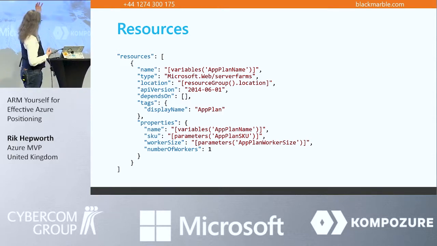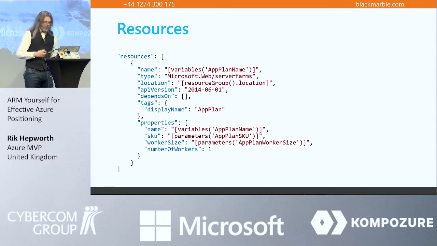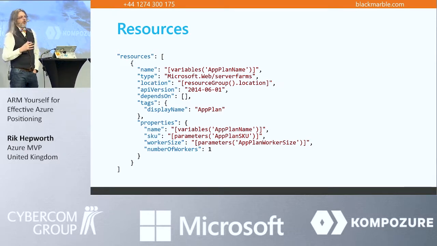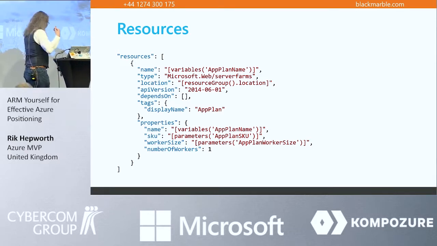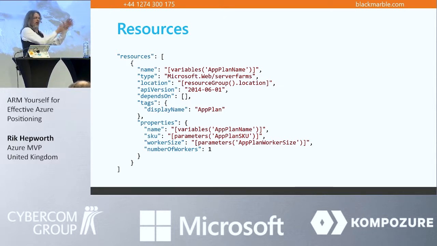And then we've got the various bits of data that the particular resource needs to be able to deploy. Important thing to call out here, you'll notice there's an API version. The Azure guys are really, really good. I can declare an API version, and every time I deploy that template, I will get what I specified in that API version.